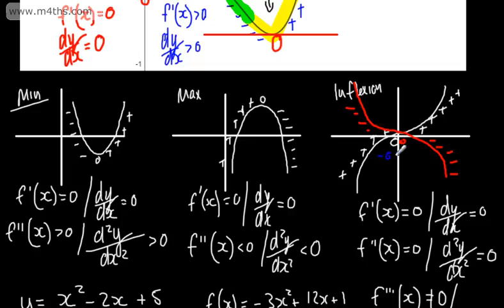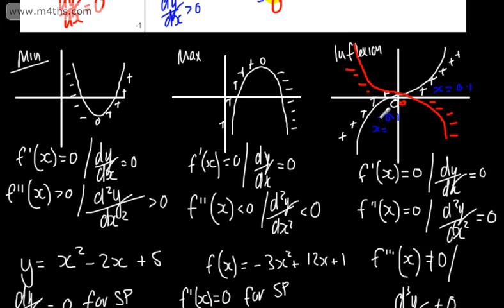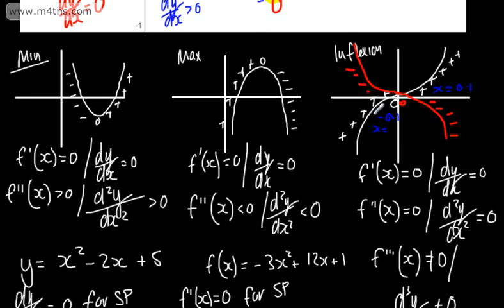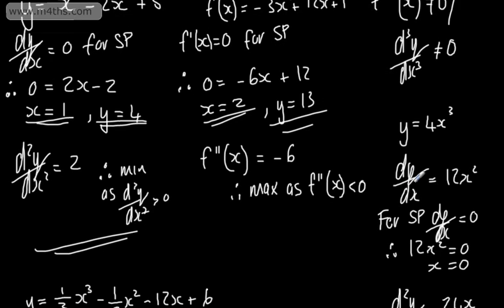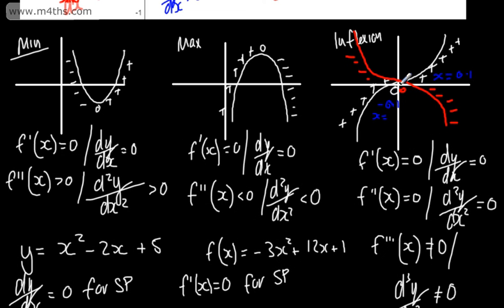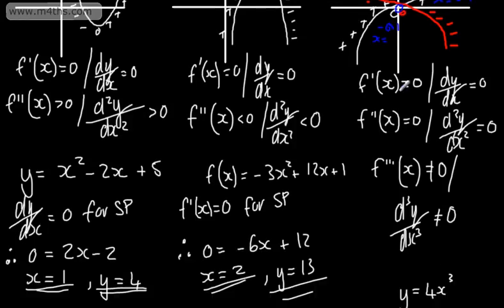So let's look at the gradient when x is equal to negative 0.1 and when x is equal to 0.1. The reason I'm choosing these is that it will evaluate the gradient if I put these into dy dx. I know the stationary point we've just found is 0, so I'm going to test a point either side.